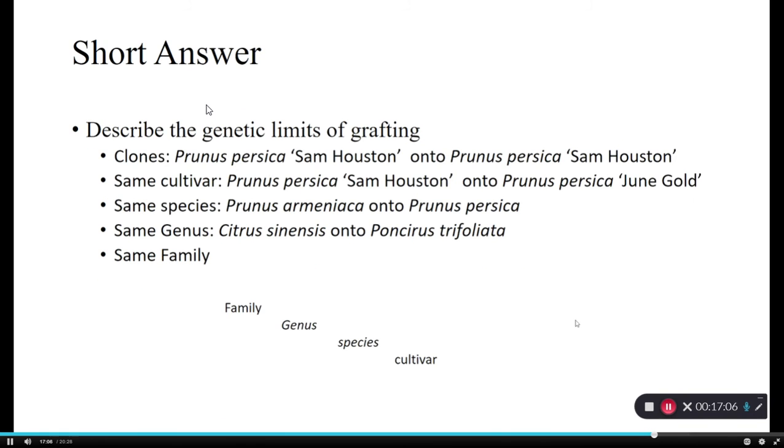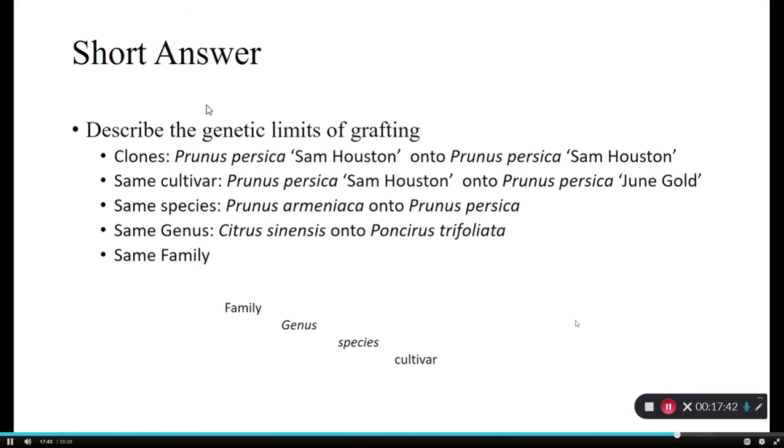All right, going on now to the final question. Coming back to grafting. In our concepts of grafting, we talked about the importance of lining up the cambial tissue, vascular bridge formation, but there was one slide specifically, and I've essentially copy-pasted that slide onto this one, describing those genetic limitations, and that the further apart the plant species or cultivars are from one another genetically, the less likely they are to take.